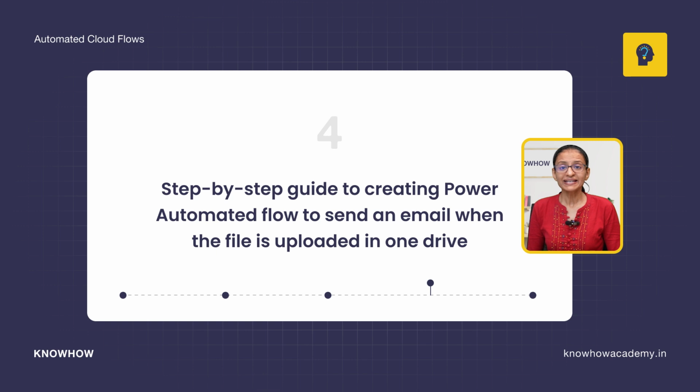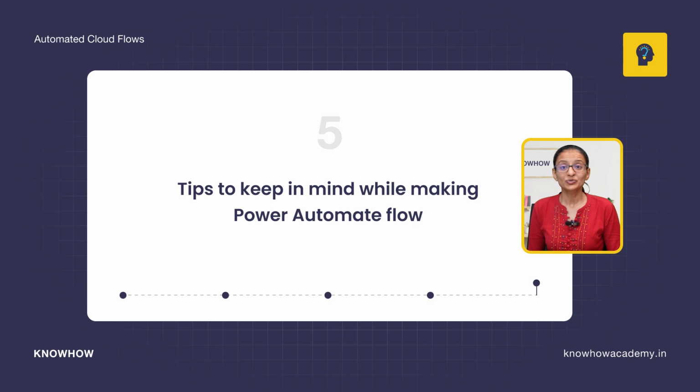Fourth, step-by-step instructions for creating a Power Automate flow to send an email notification when a file is uploaded in OneDrive. Fifth, tips to keep in mind while designing a Power Automate flow. Stay tuned till the end of the video so you will learn everything about this practical scenario.